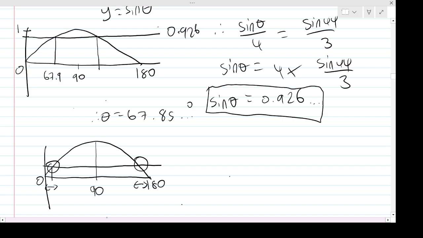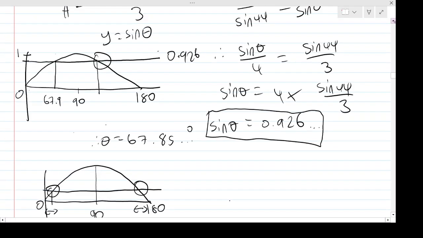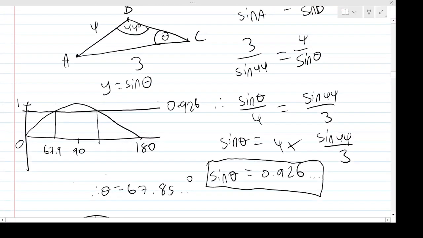So we can use that to work out that second intersection point. If I go back up, the gap between 0 and the first solution, 67.9, is the same as the gap between the second solution and 180.